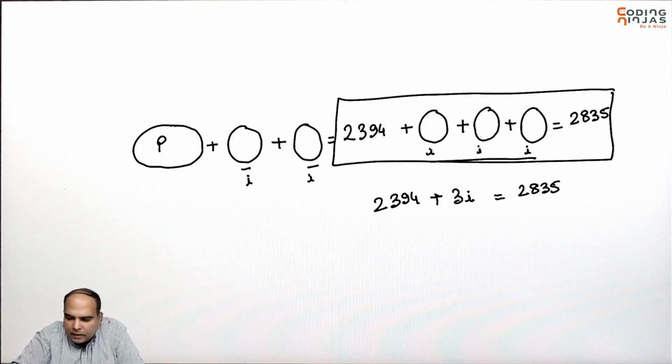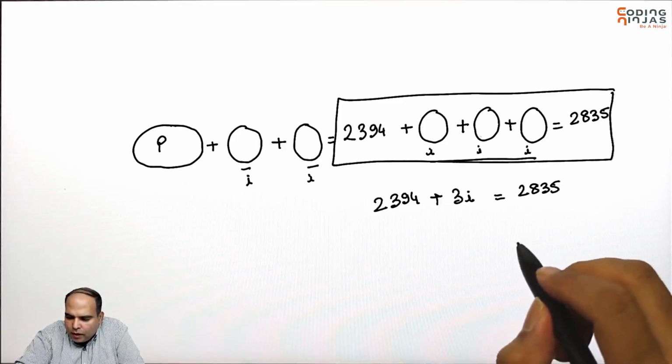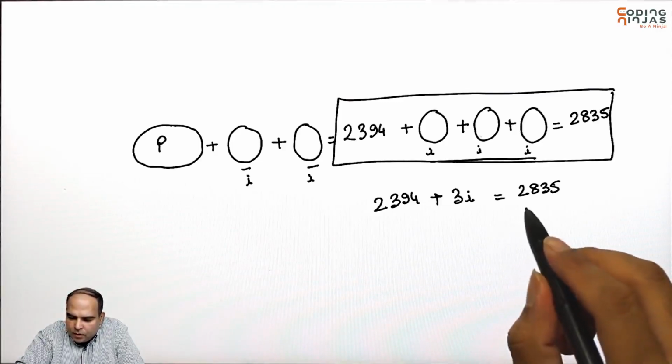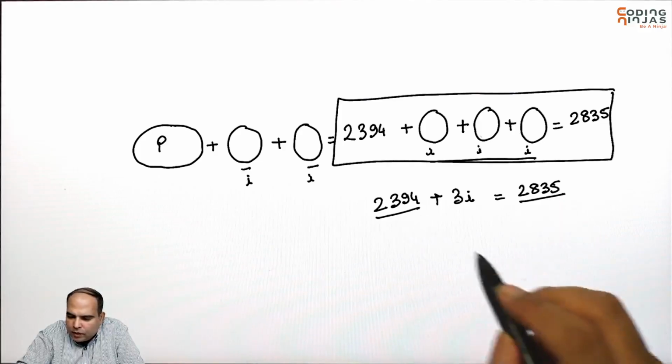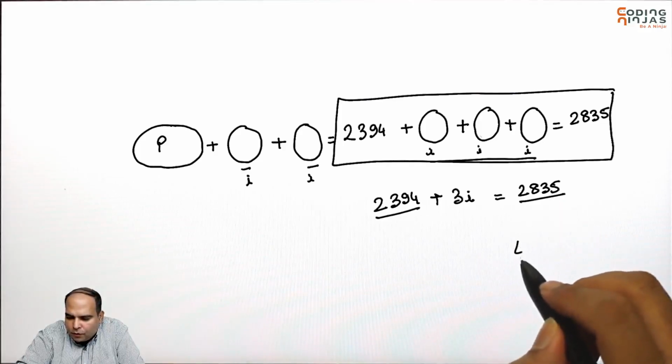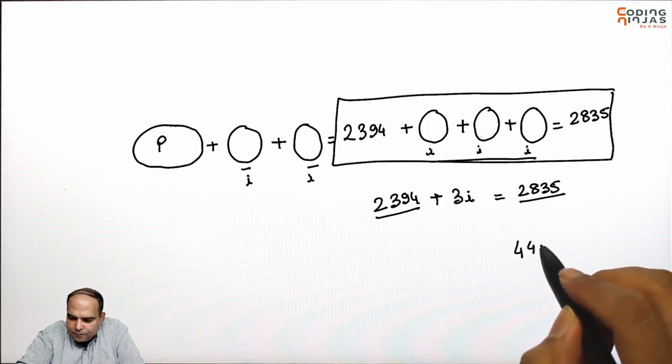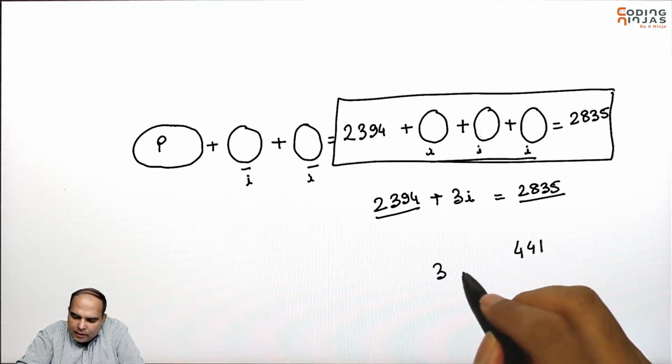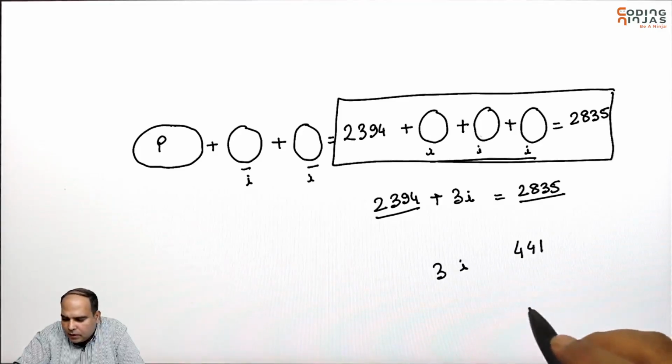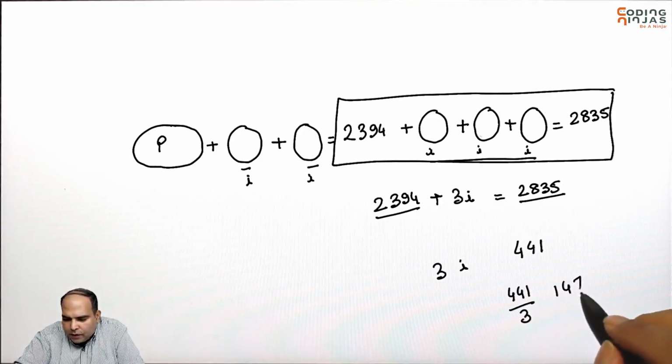And since you can see that your total interest for 3 years is 2835 minus 2394, which is 441, and that is 3i, that means your annual interest must be 441 divided by 3, which is 147.